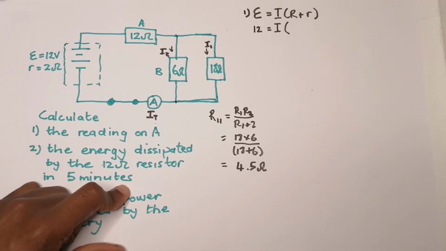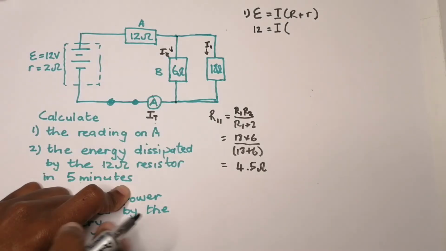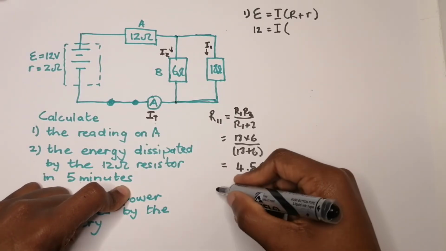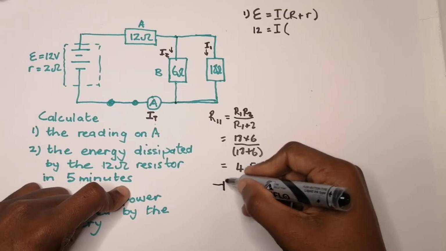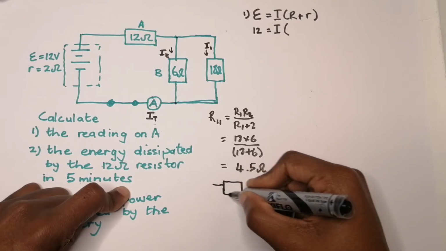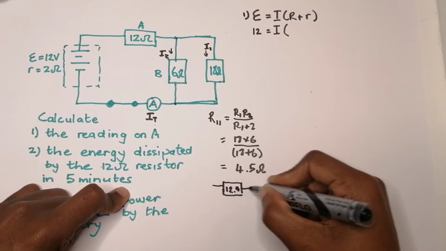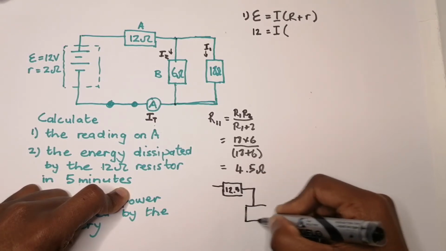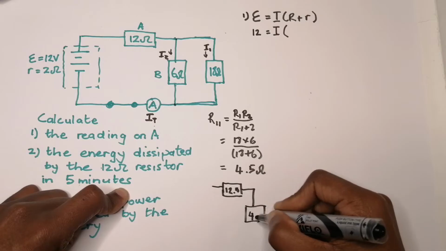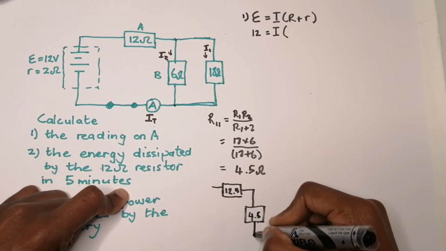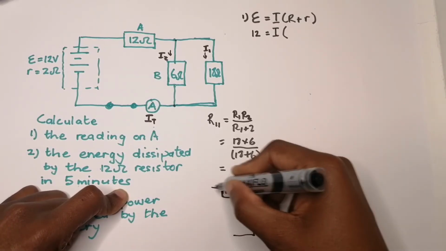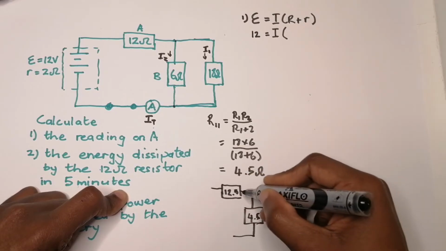So what we've done now is to make that circuit such that you only have two resistors. The one resistor is the 12 ohm and the other resistor is the 4.5 ohm resistor. Now, once again, which current passes across the 12 ohm resistor?